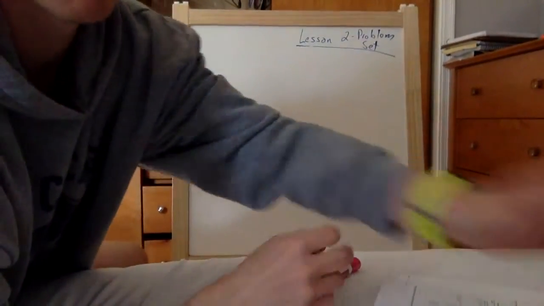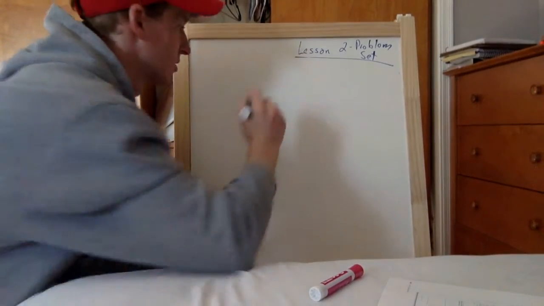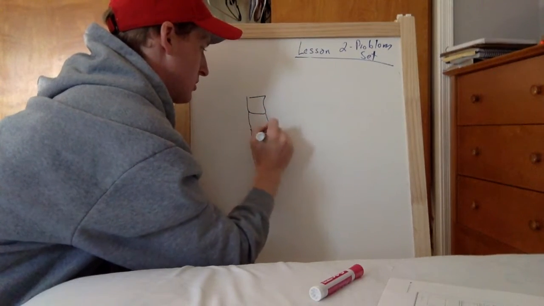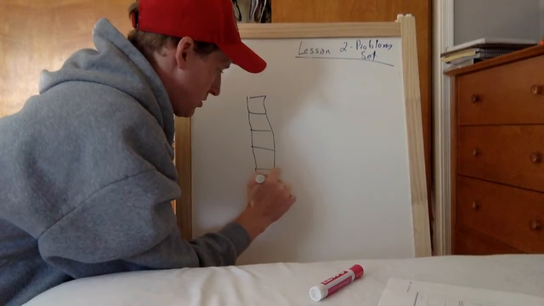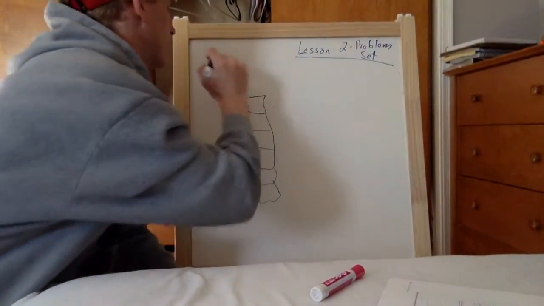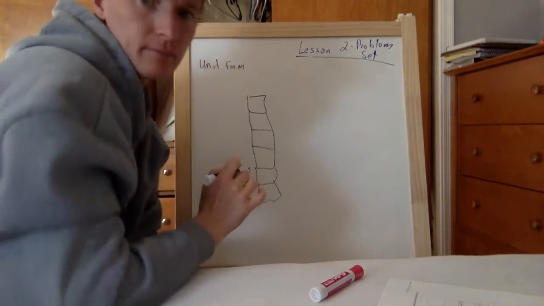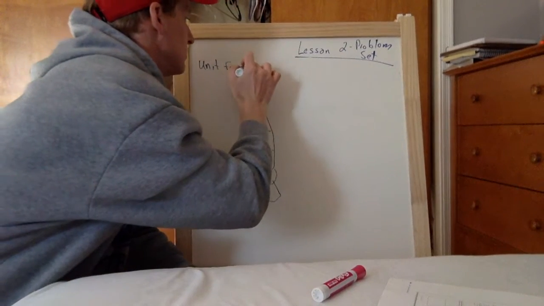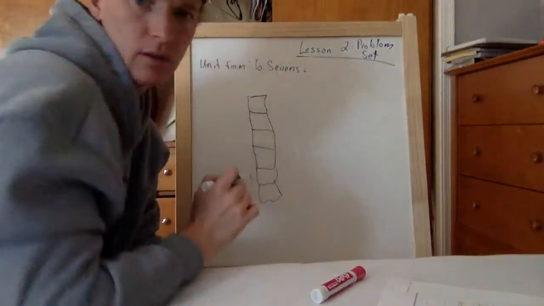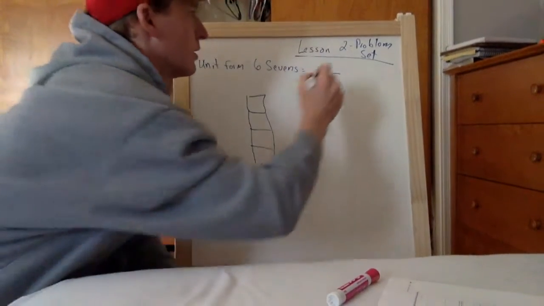Okay, number 2, which is right below it, says, got squares, and then it says unit form. 6 sevens equal blank.